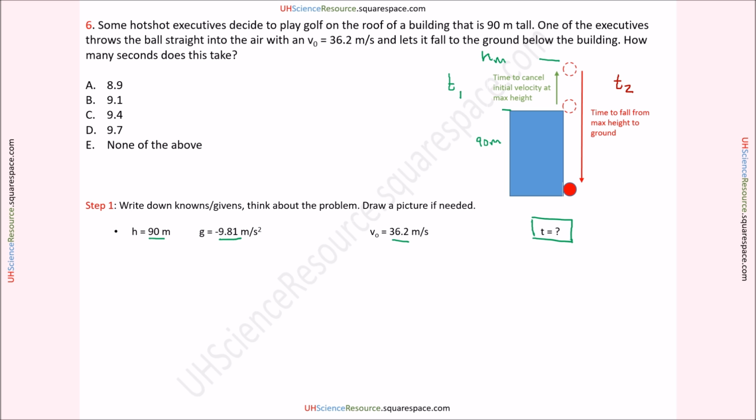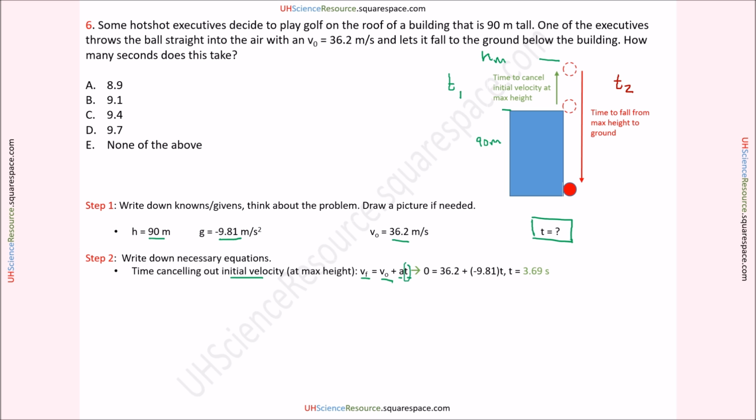So we know that there's an equation in which it takes into account velocity and acceleration. And to figure out the time it took to cancel out our initial velocity, we can say that the final velocity is equal to the initial velocity plus the acceleration times time. And we're trying to figure out the time. We know that when the ball is thrown up in the air with initial velocity of 36.2, we can plug in here, and it keeps traveling up until gravity is able to cancel out the initial velocity.